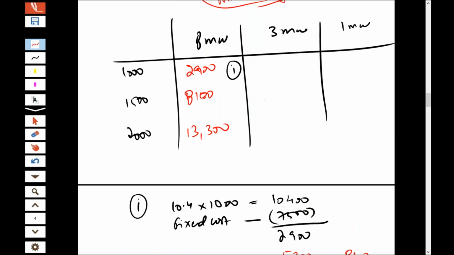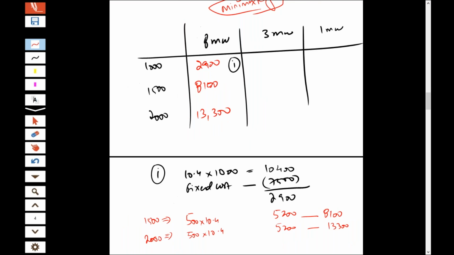Kindly complete the table by working out for 3 megawatt and for 1 megawatt also. Can you please just let me know the values of the 3 megawatt and the 1 megawatt?